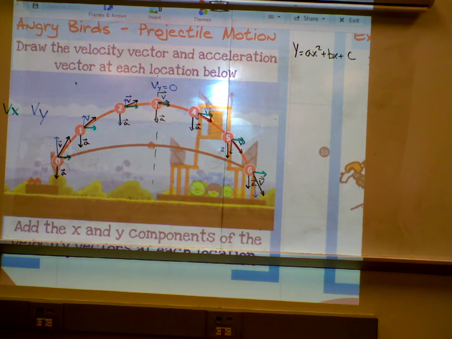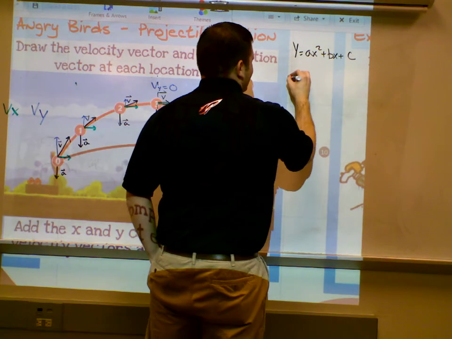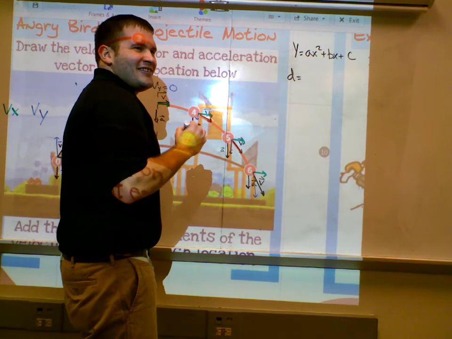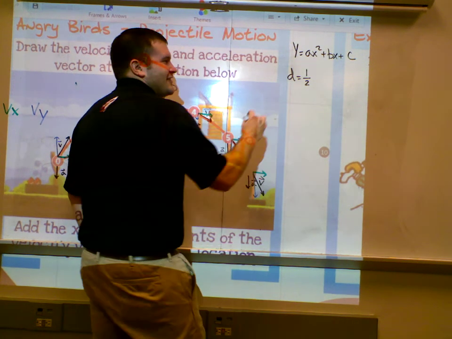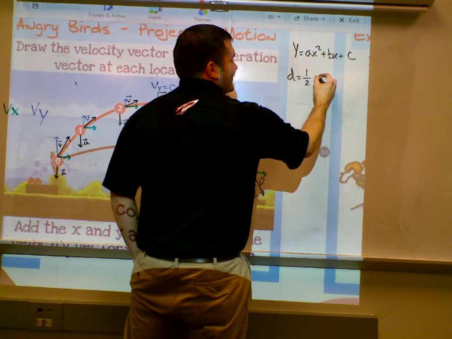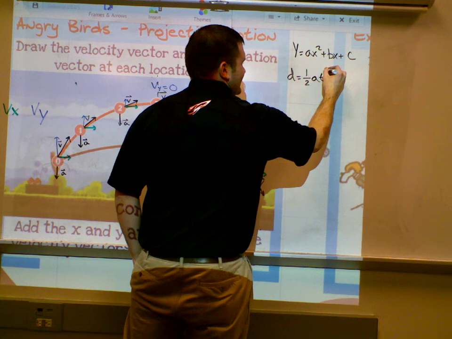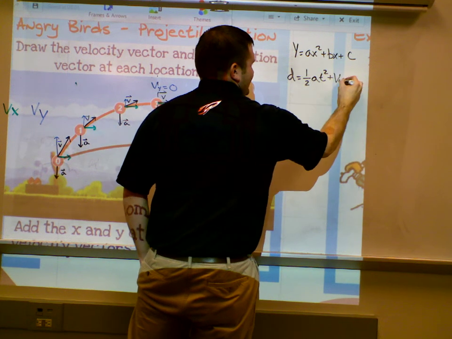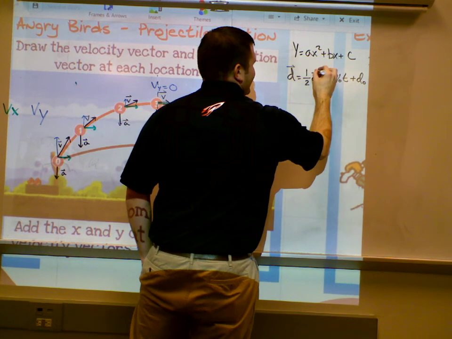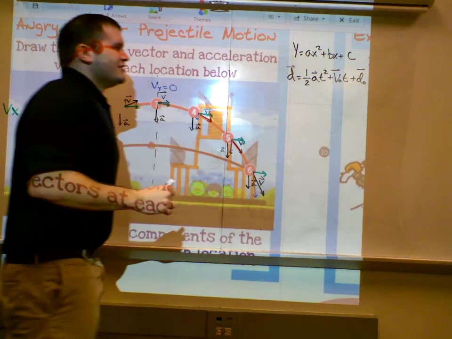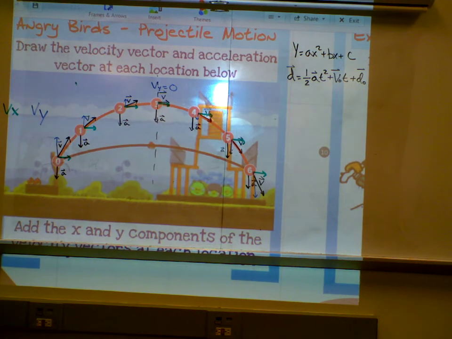Now, earlier this year, we learned a version for one-dimensional kinematics that looked like a parabola. Does anyone remember what that one was? d equals 1/2 a t squared plus v naught t plus d naught.